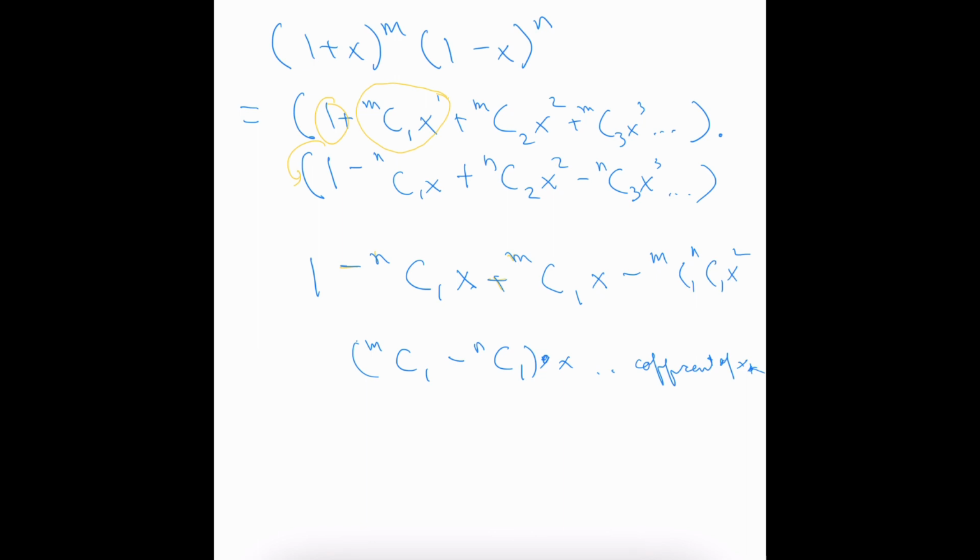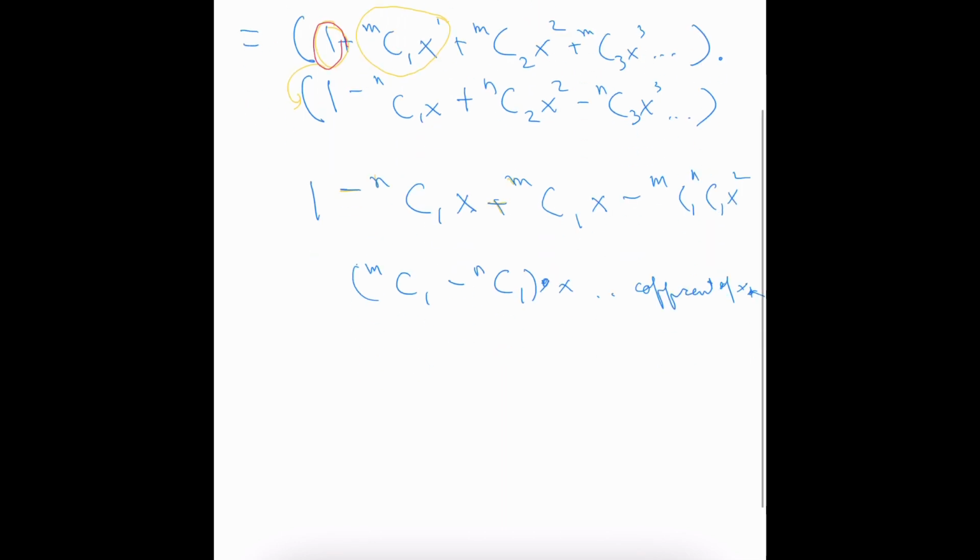Next we have to determine the coefficient of x square. Again we will continue with this expansion and multiply. So we get 1 minus nC1 x plus nC2 x square.